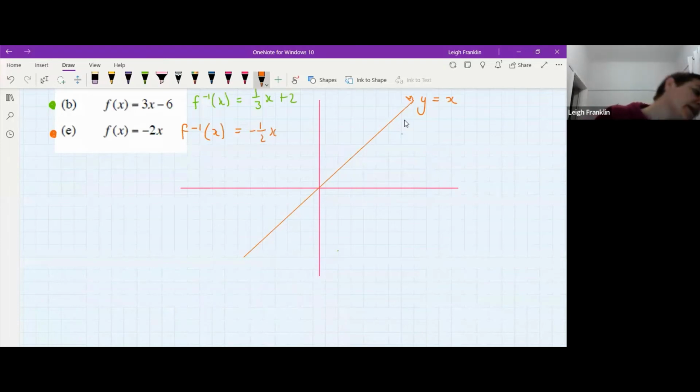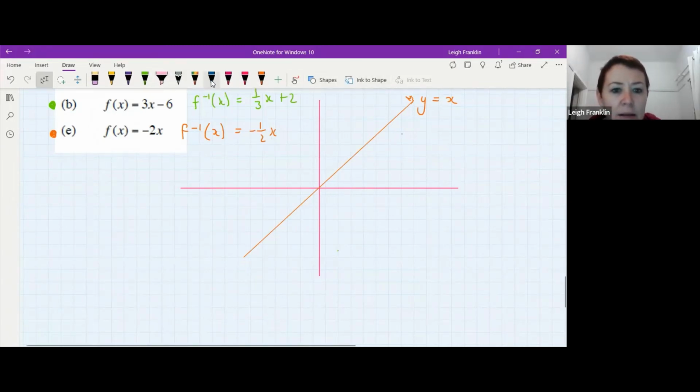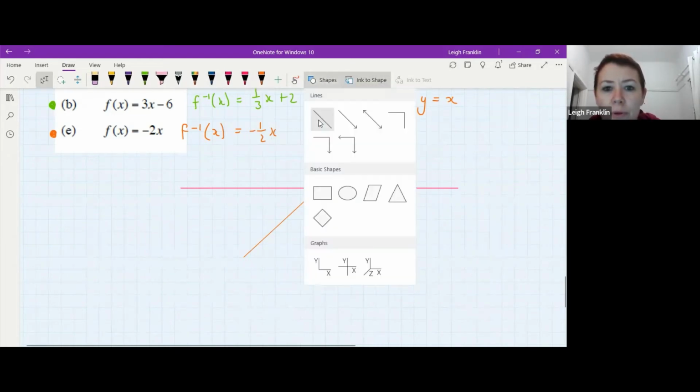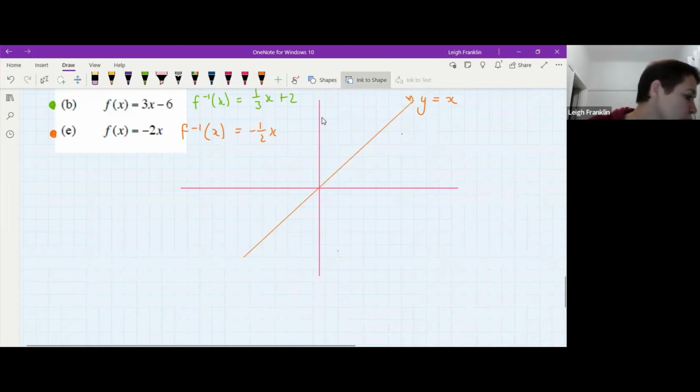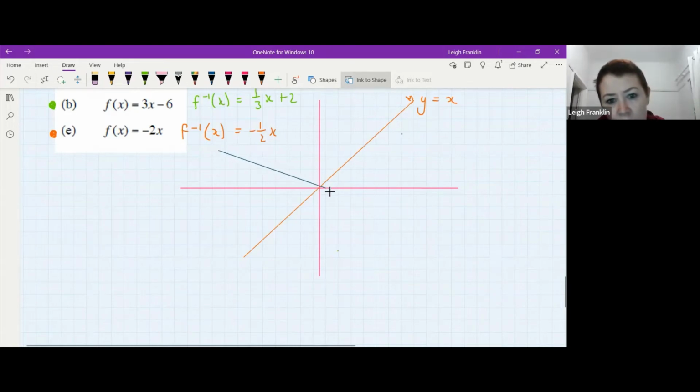Did you guys get that? And when you sketch this line, let's go with blue, you would have ended up with a line that goes through the origin. It has a negative gradient, like so.